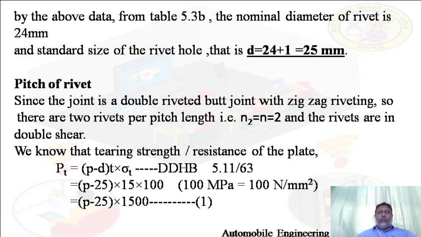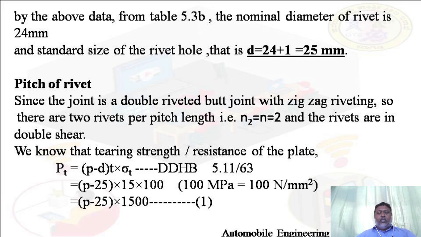Then comparing both, whichever value is least, you adopt that pitch. Or you first calculate the equation adopted in the table to calculate the pitch. Then you compare both equations, that is the tearing and the shearing, and whichever is the least, you take it for further calculation.